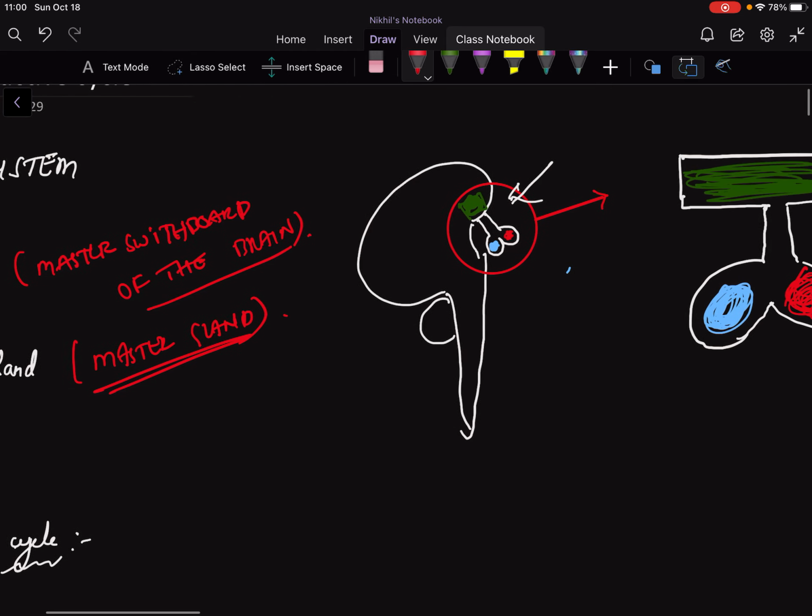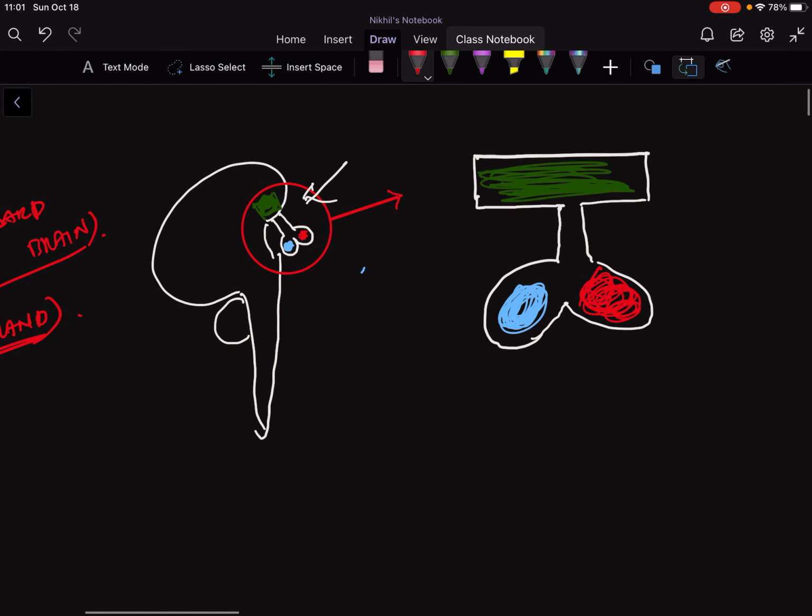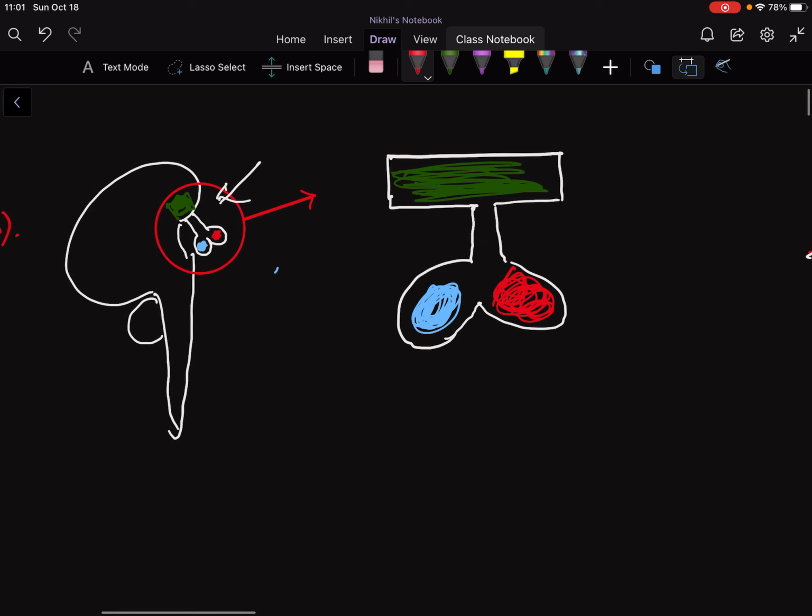Okay, so this is the brain and I have taken a picture here. So this is called the hypothalamus. The hypothalamus mainly releases gonadotropin releasing hormone, which will act on the posterior pituitary, which will ultimately release FSH and LH.